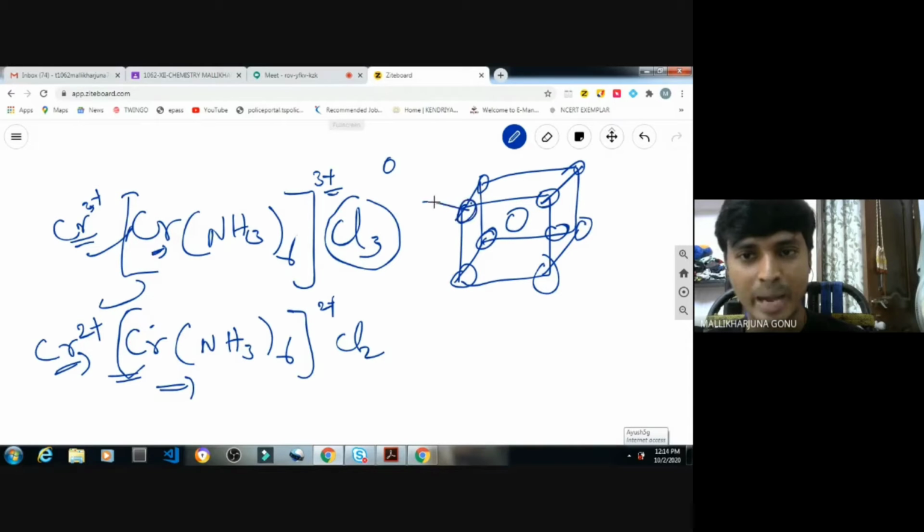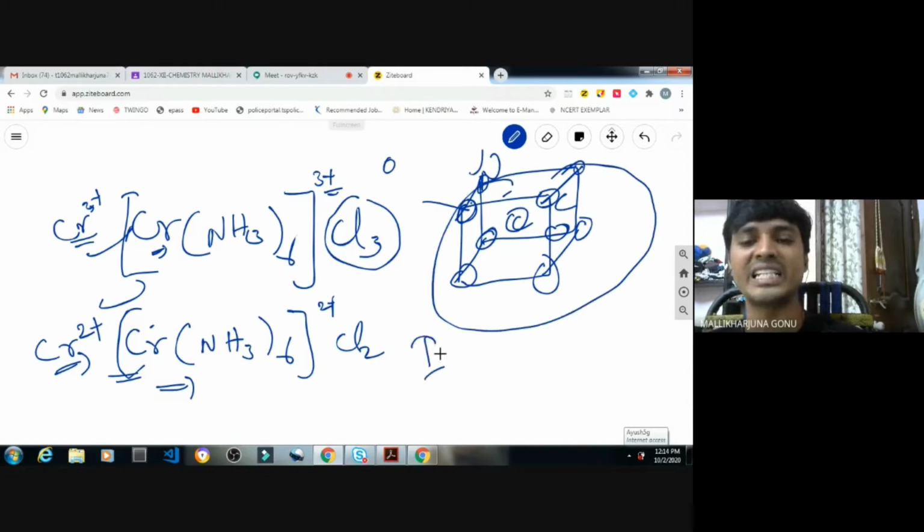In the place of one manganese atom, nitrogen can come and sit, replacing the manganese. So if small elements come and sit like that, these types are called interstitial compounds. Very, very important.